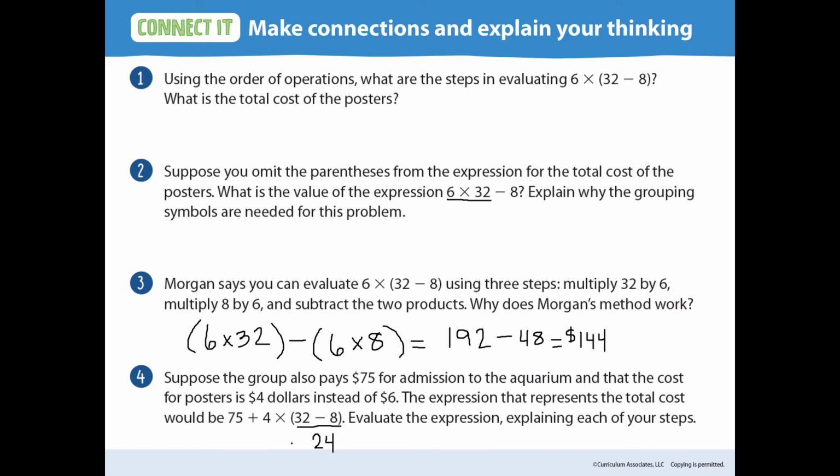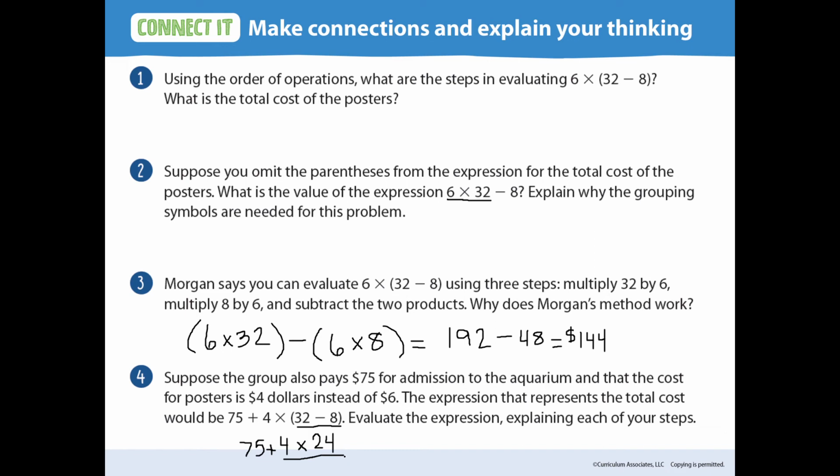Okay, so our expression would look like this now. Everything else stays the same except for the part that we just solved. 75 plus 4 times 24. Now looking at our order of operations, we have add and we have multiply. And in PEMDAS, multiply comes first.